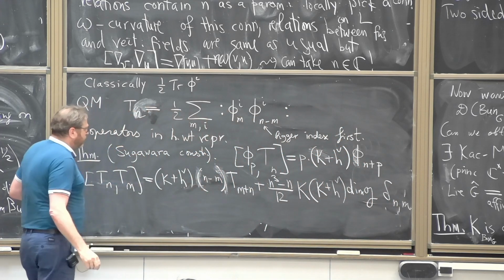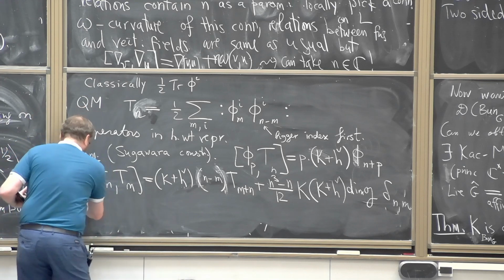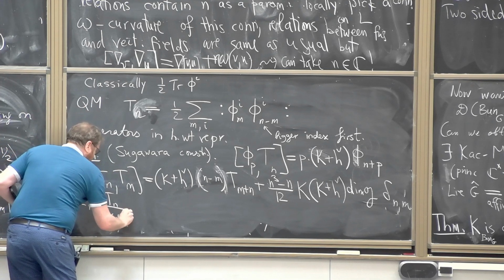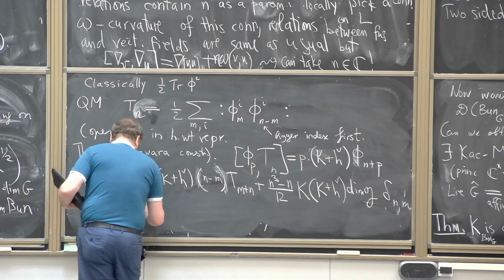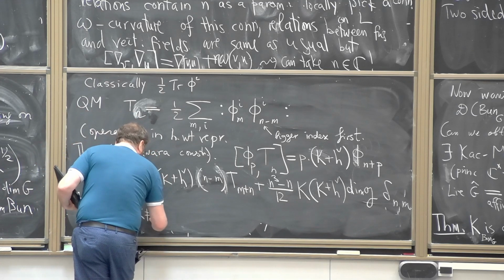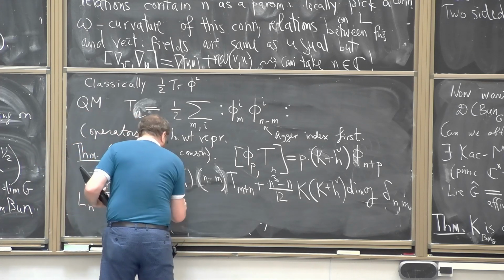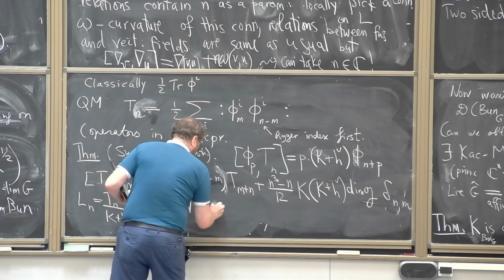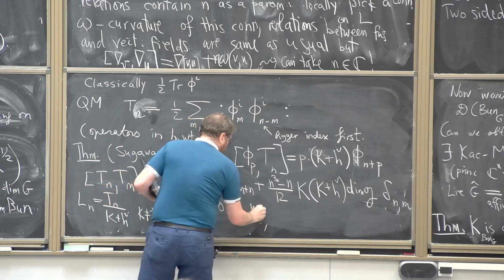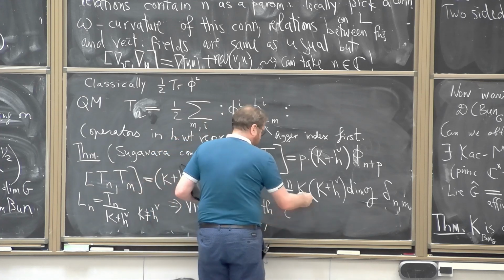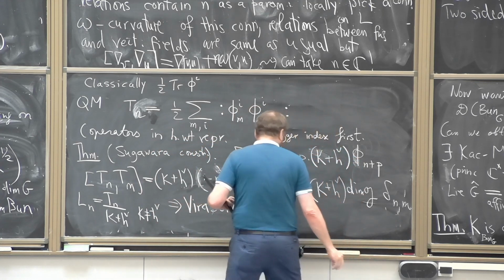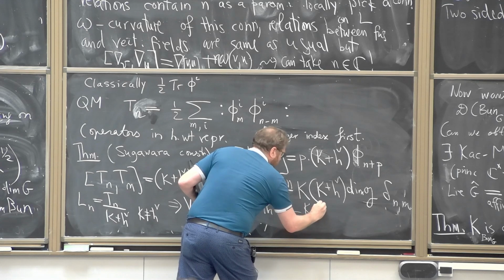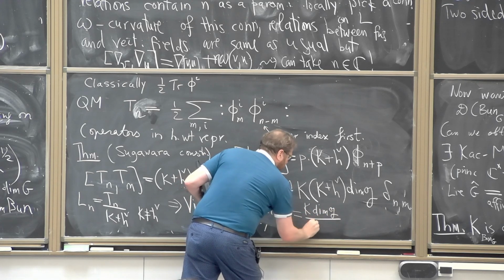So you probably recognize, if you define L_n equals to T_n divided by k plus h check, then when k is different from minus h check, you get Virasoro algebra representation with central element, which is this thing. So we divide it by k plus h check squared, and we will get k times dimension of G over k plus h check.